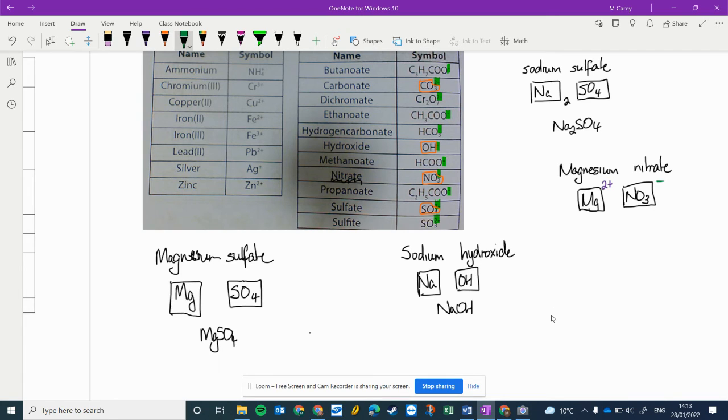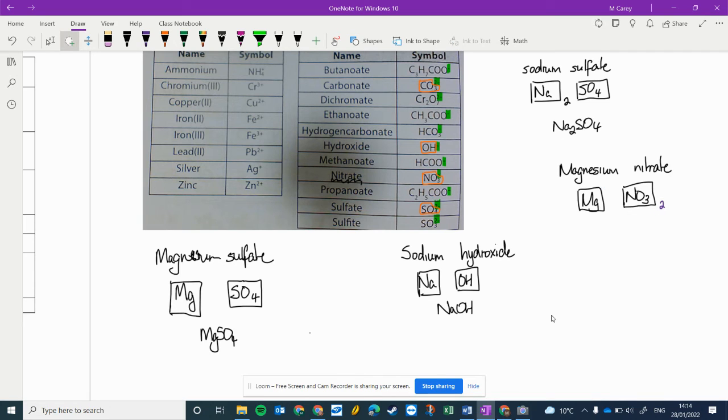So it's nitrate. So now we're going to lose the charge and drop and swap the number. There's only one number to drop and swap. Going to drop and swap.